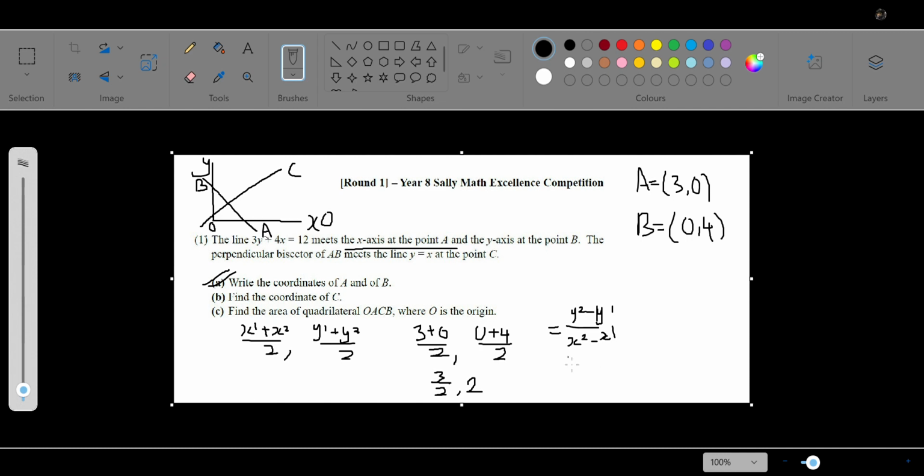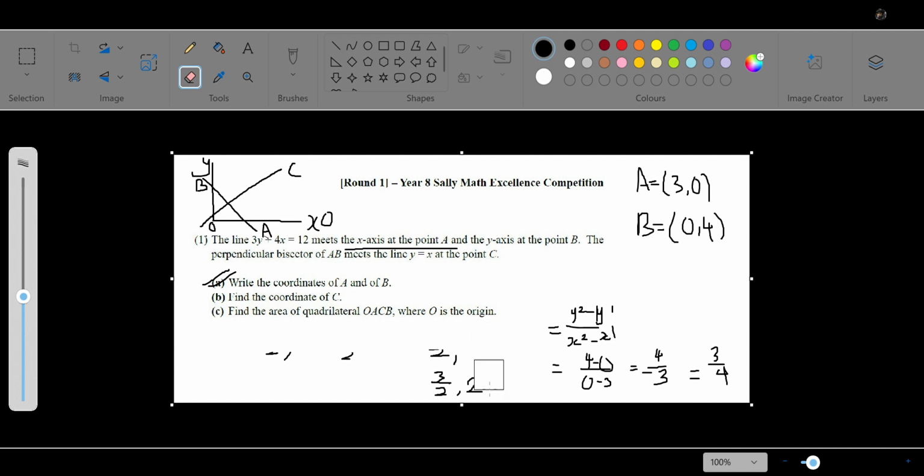Basically it's 4 minus 0 over 0 minus 3, which is 4 over 3. However, there's a negative sign due to 0 minus 3. So the slope is negative 4 over 3. Then I'll erase here to continue with question B.